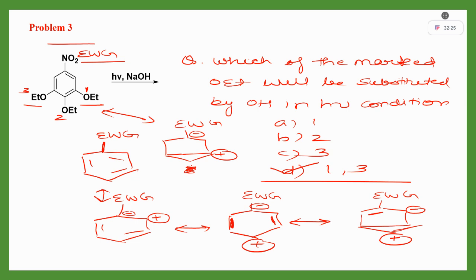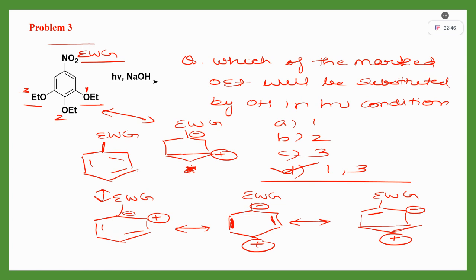I hope you have understood. You just have to draw its resonating structure, and in that resonating structure you have to see in which case the positive charge is stabilized. Since here it is stabilized at the meta position, only meta substituents will be substituted by OH.